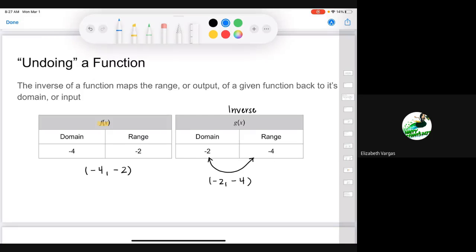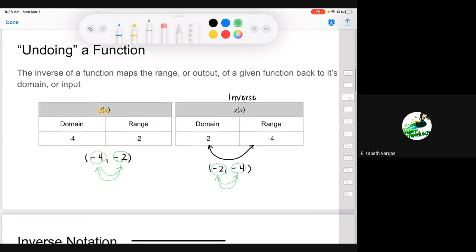What we did there was switch the input and the output, the input being your domain and the output being your range. So the difference between the function and its inverse is that the domains and ranges are switched.